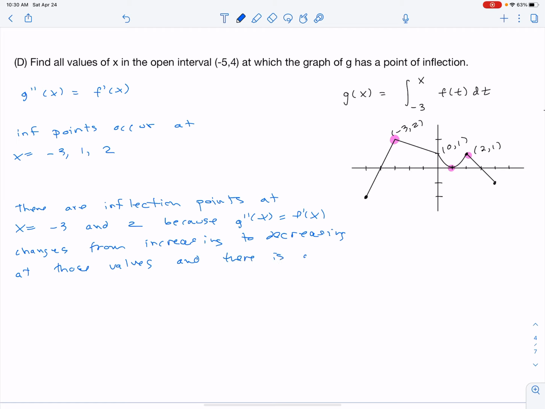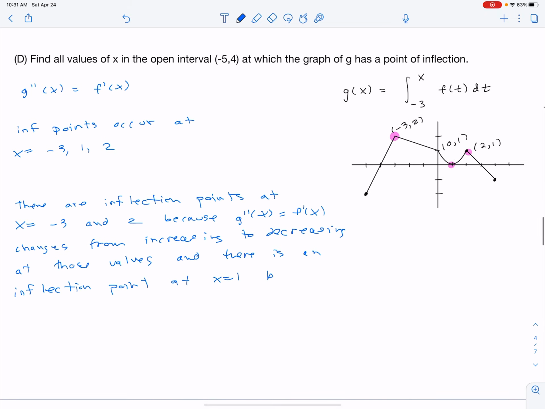And there is an inflection point at x equals 1 because g double prime of x, which equals f prime of x, changes from decreasing to increasing at that x value.